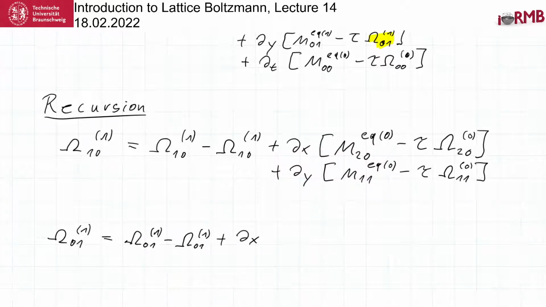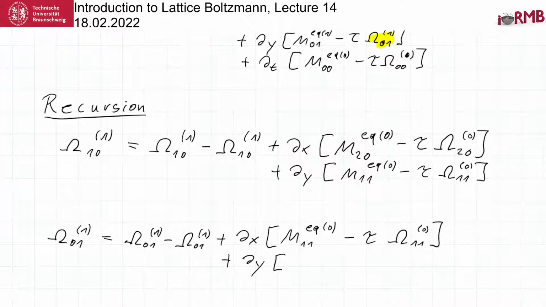This is the x derivative m11 equilibrium to 0 order minus tau omega 11 to 0 order, plus dy m02 equilibrium to 0 order minus tau omega 02 to 0 order.